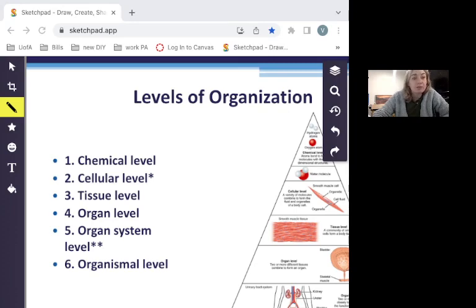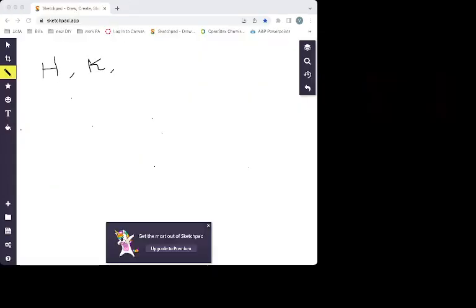We're going to start by talking about the chemical level. For example, many of the elements that you can see in the periodic table are all types of chemicals. Hydrogen, like H, or potassium, like the letter K. Other examples would include hormones and other chemical signals that allow us to communicate across the body.